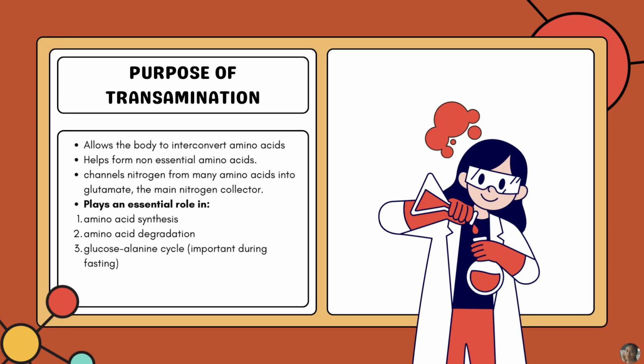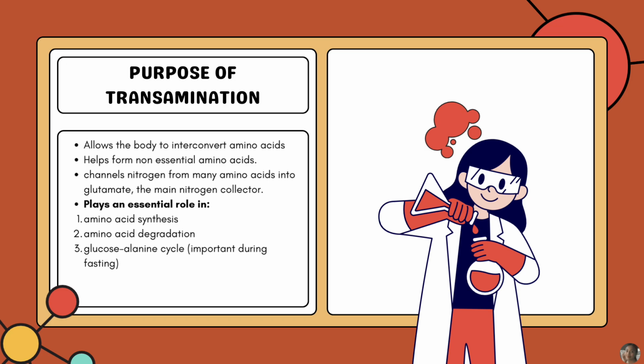So the process of transamination is basically to allow the body to have metabolic flexibility that allows it to move resources around. It plays an essential role in both the breakdown and the creation of amino acids.